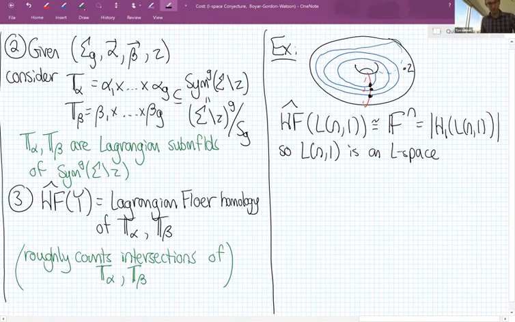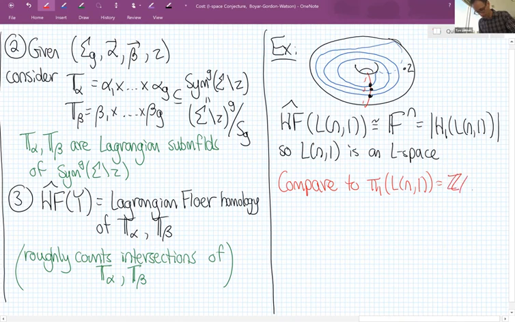And we can compare this to our original conjecture. I'll remind you that being an L space is conjecturally supposed to be equivalent to not having left orderable fundamental group. And so we can compare to pi1 of L(n,1) being Z mod n, which is torsion.